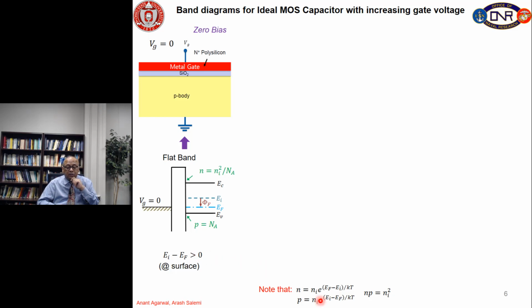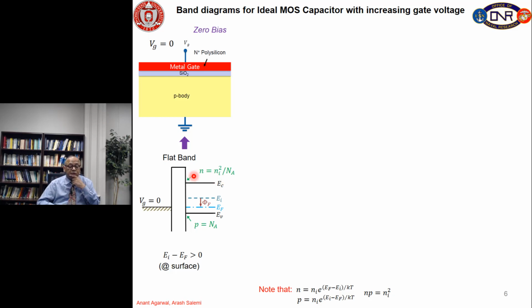That means we have lots of holes in the semiconductor since it is p type, and very few electrons, because p is equal to the doping of the semiconductor, and n equals ni squared divided by p, and p is equal to Na.